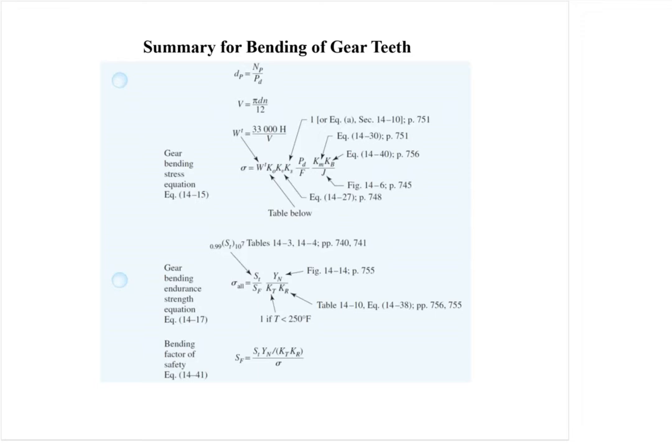It seems to look pretty ugly. It is. So this is AGMA for spur gear. You've got all of these coefficients that need to be found from a table somewhere or an equation.